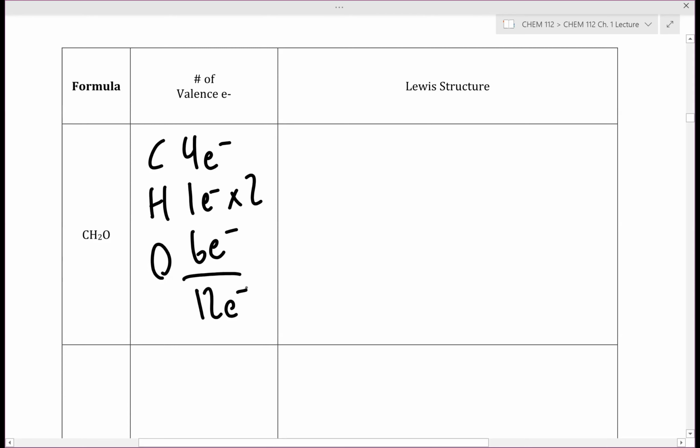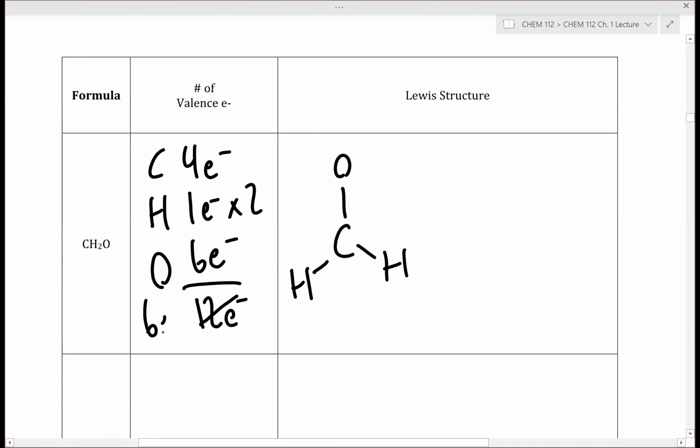This gives us a total of 12 electrons to work with. What's our central atom going to be? Carbon. Yep. We're going to put carbon in the center. We're going to surround it with an oxygen and 2 hydrogens. And then we're going to form 1 bond each. We have formed a total of 3 bonds. Ergo, we've used up 6 electrons. We have 6 electrons left.